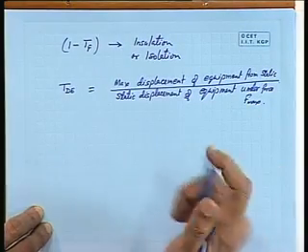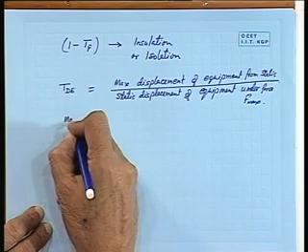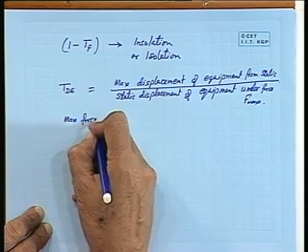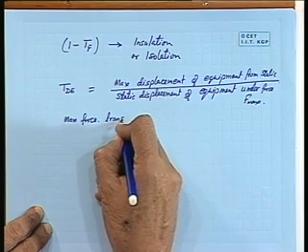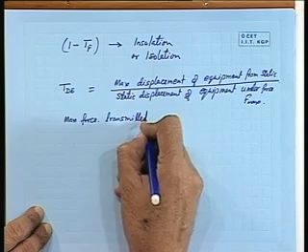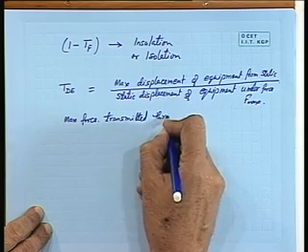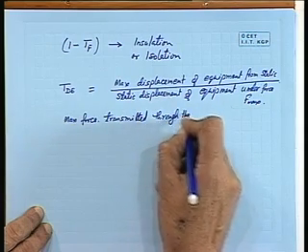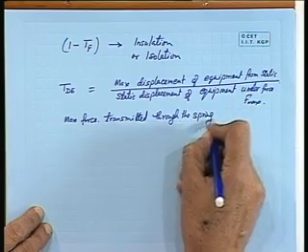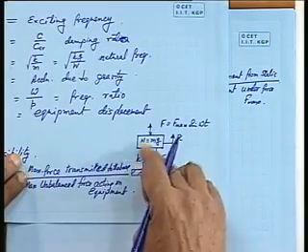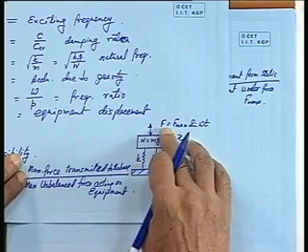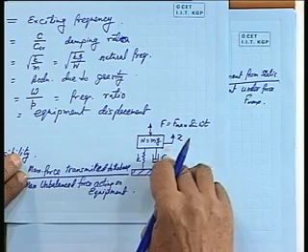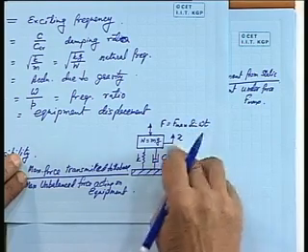Now, maximum force transmitted through the spring. The force transmitted is k into x, and you will find that sin of omega t minus something will come.